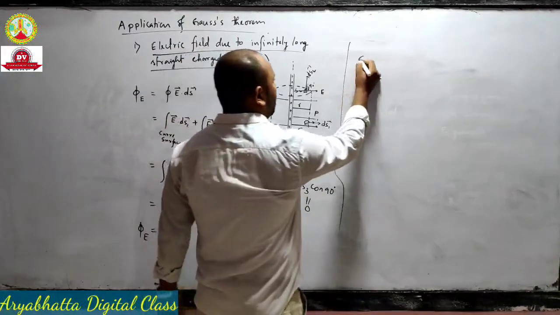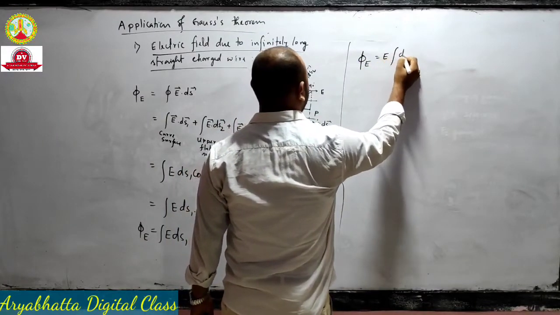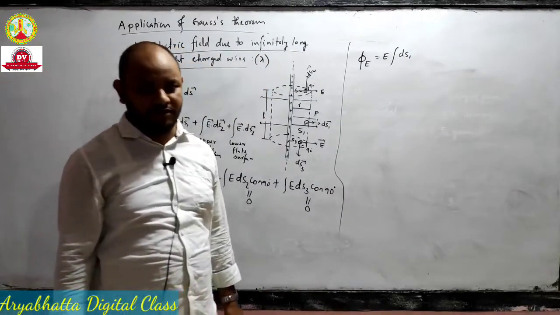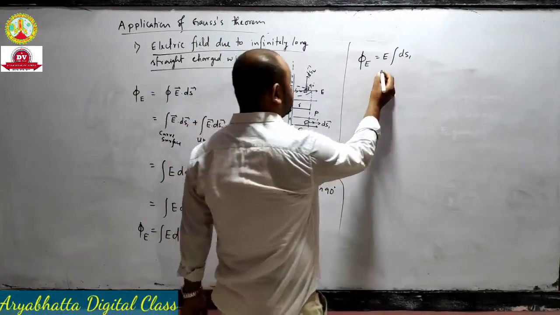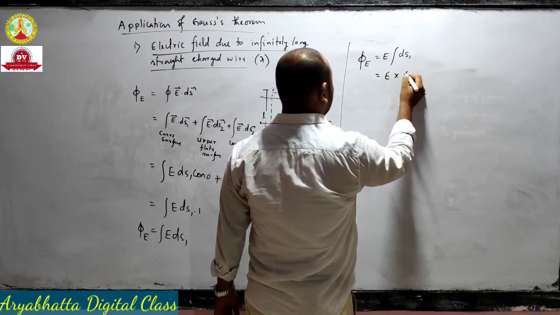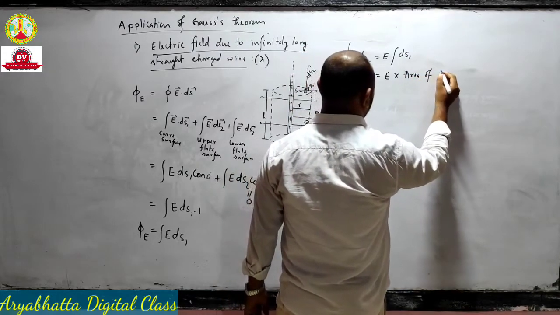So we can write the electric flux phi is equal to E integration ds1. If you integrate ds1, then you will find the total curved surface, that is, the area of the curved surface.